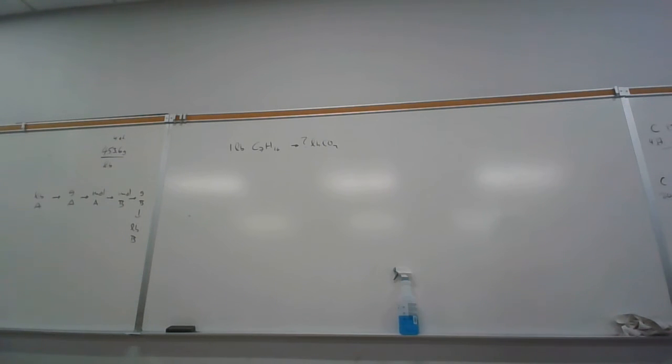So if you recall, the balanced chemical equation is going to be a 1 to 11 to 7 to 8. 1 mole of heptane, 11 moles of O2 produces 7 moles of CO2 and 8 moles of water.